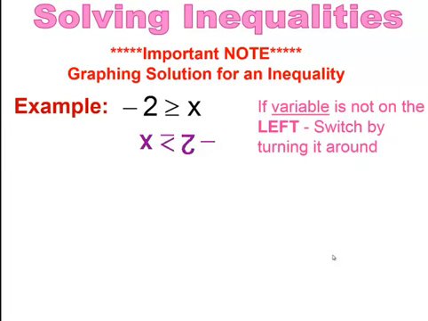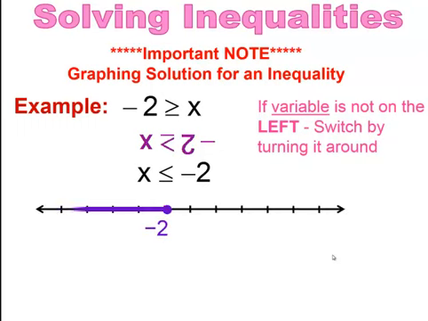Then you can just rewrite it properly, and you'd end up with x is less than or equal to -2. So the important piece here is that when you're graphing your solution, it's easier to figure out which way to shade if the variable's on the left-hand side, because then our inequality acts as a direction of shading.